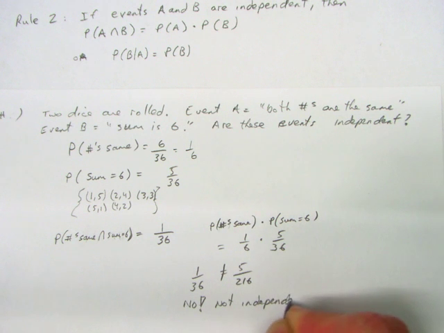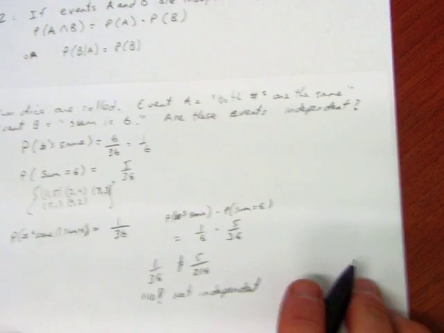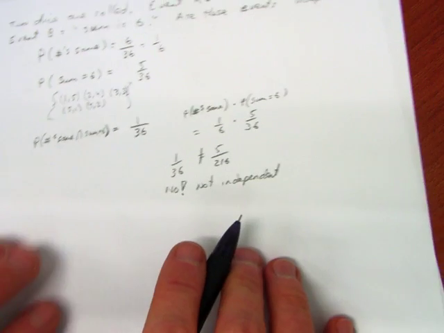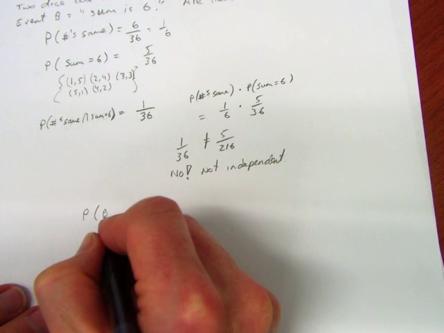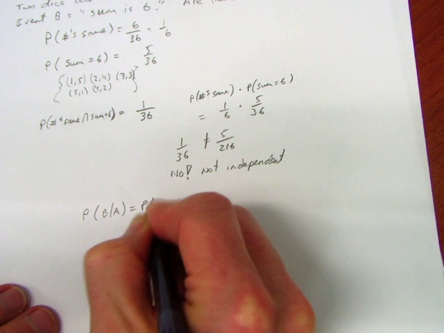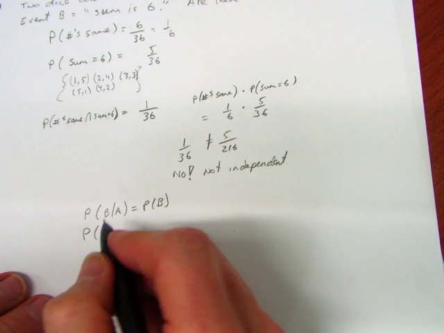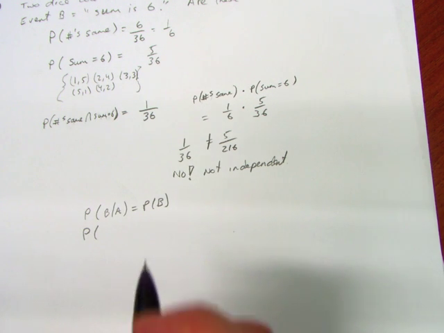Let me show you another way that we could have shown this. And that would be using that second idea, the probability of B given A equals the probability of B. In this case, it really doesn't matter what we name them.